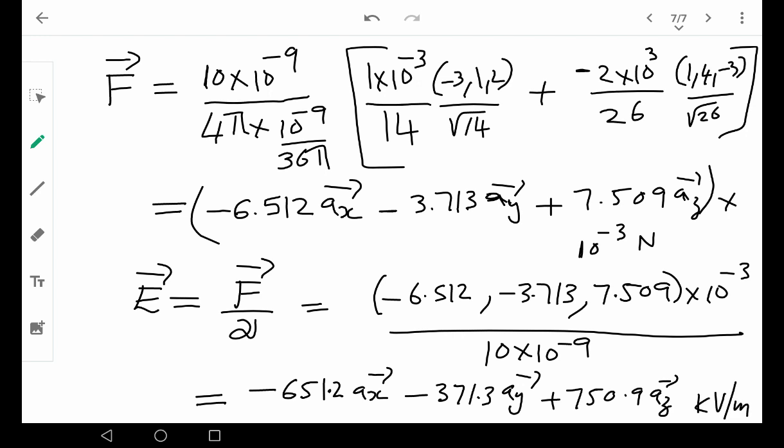That much you are getting as the value of the particular electric field, right? So that's how you will calculate the electric field.